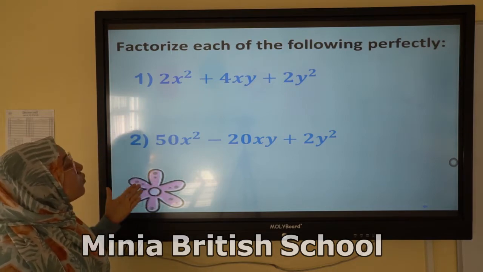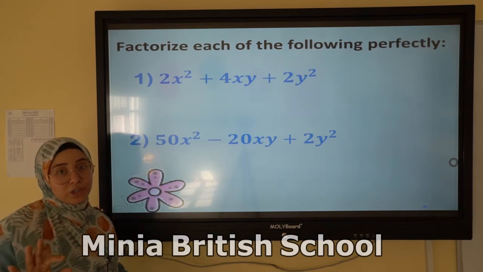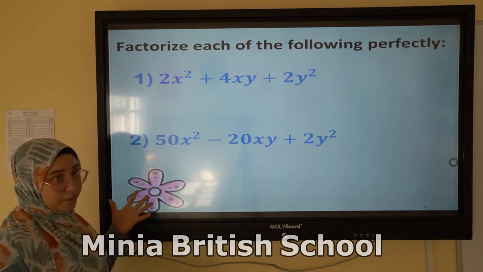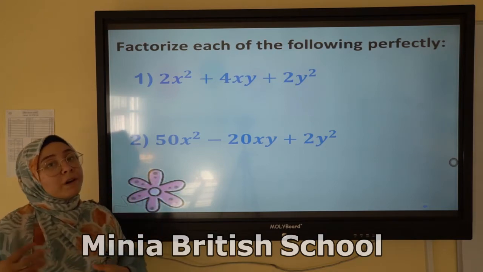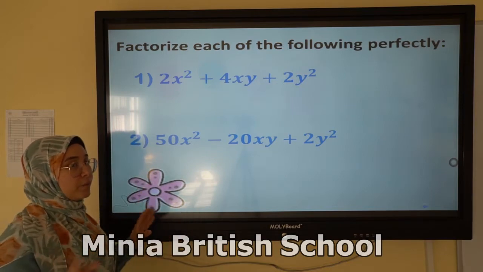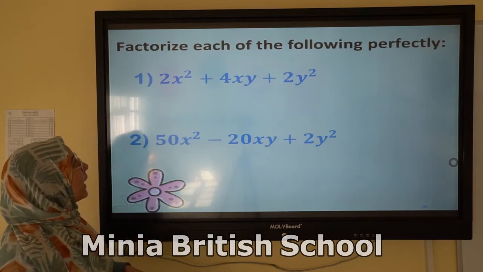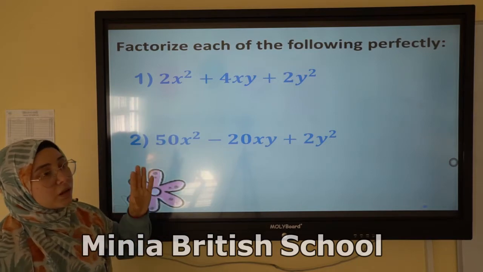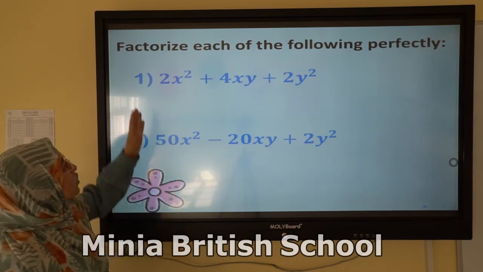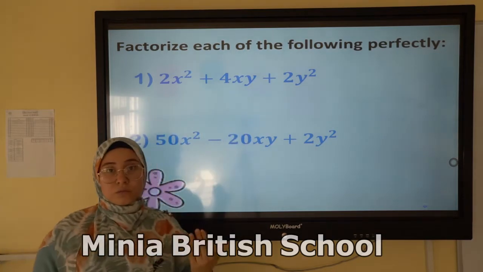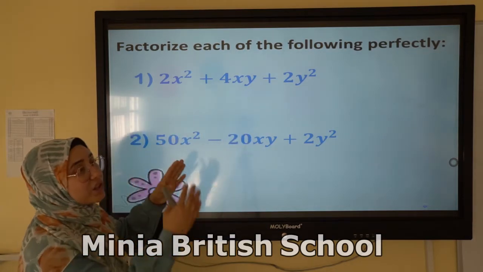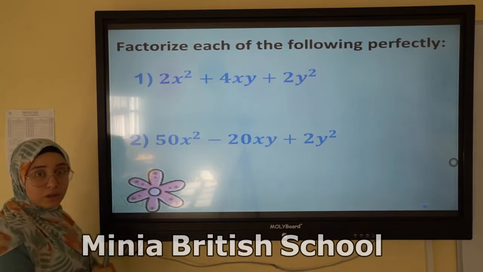This is a quadratic trinomial or perfect square. Now, first you must check if you have a common factor. Yes, 2, 4, 2. So you can take 2 as the highest common factor outside.